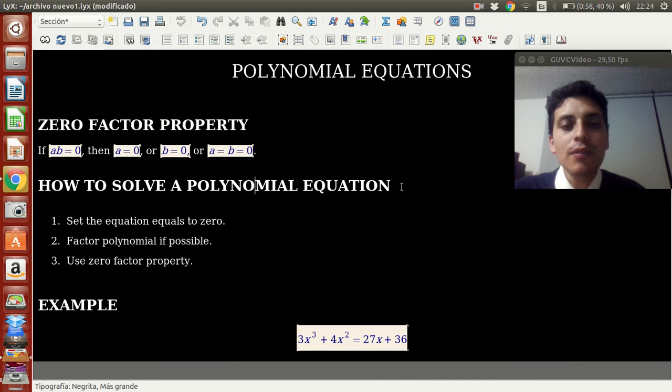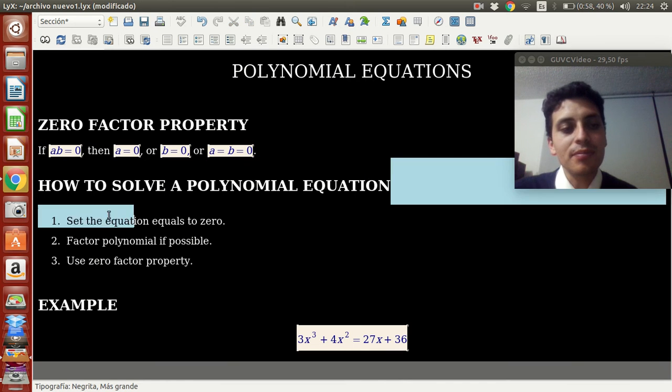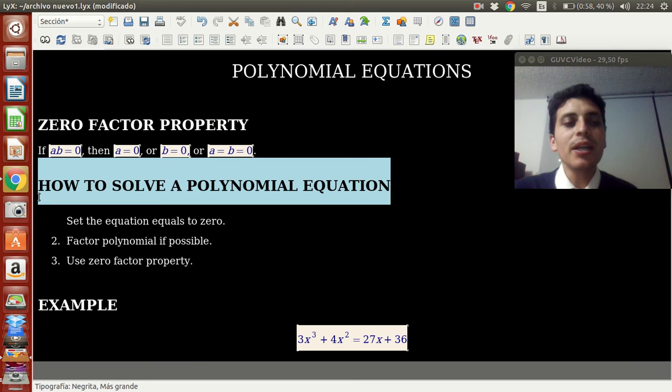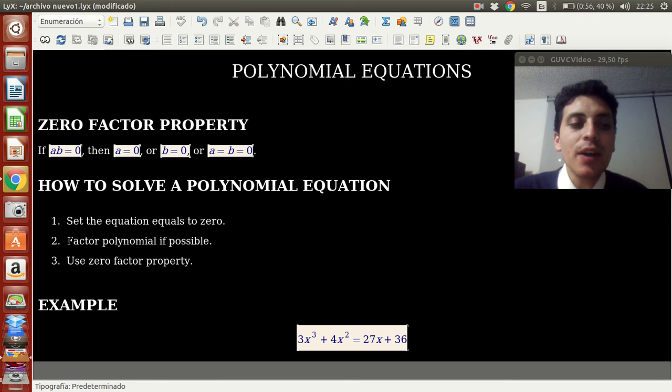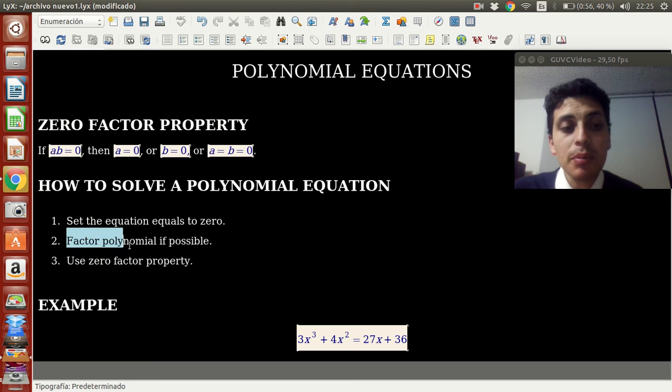And how do we solve a polynomial equation? You just need 3 steps: set the equation equal to 0, factor the polynomial if possible, and use the zero factor property. This is when you need to understand how to factor the polynomial completely.